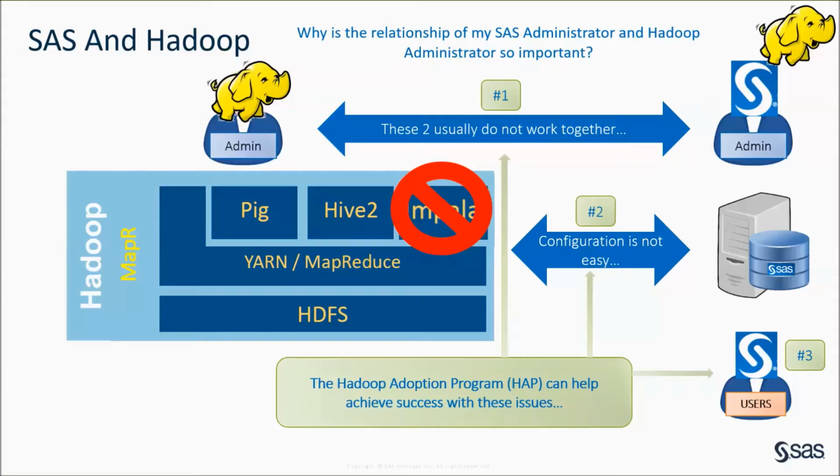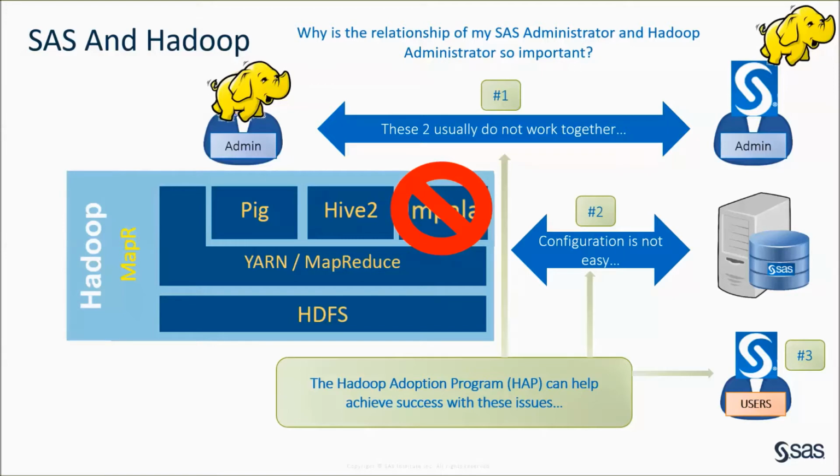They have to build the environments such that they will work together. You can see at the top, I have an arrow pointing between the Hadoop administrator and the SAS administrator. Point one is that these two need to really work closely together, and in large organizations, they typically do not.